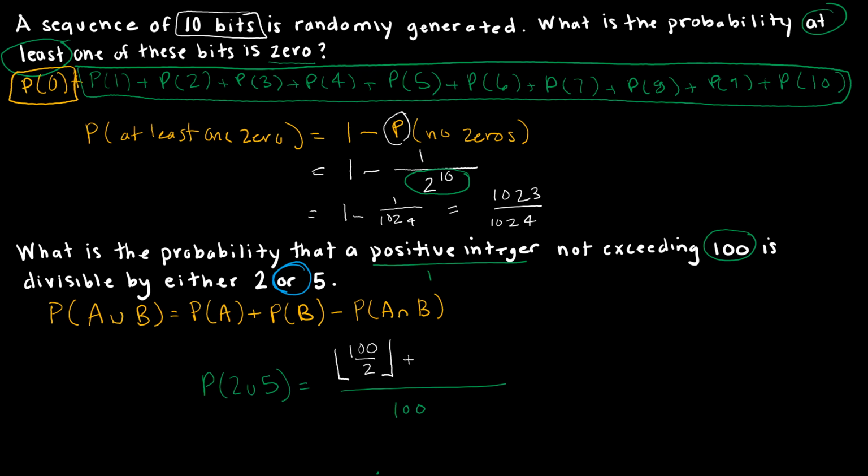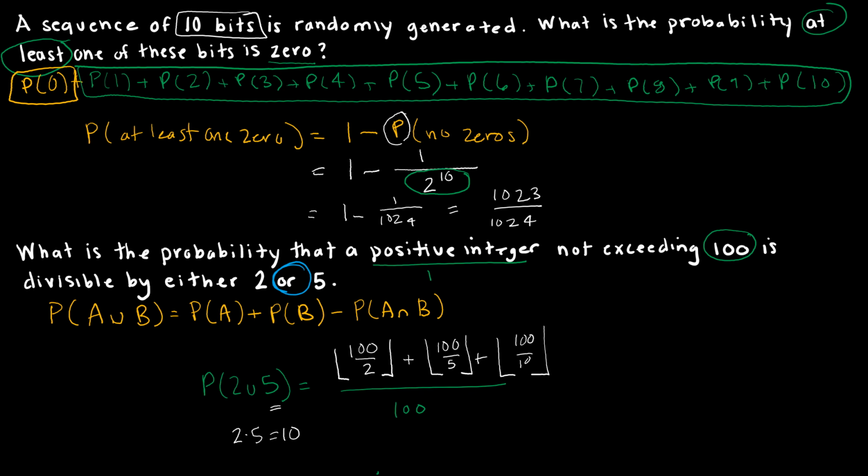And then the number of values divisible by 5 is the floor function of 100 divided by 5. And the ones that I counted twice, the ones that are divisible by both 2 and 5, I just take 2 times 5 to get 10, and that is the floor function of 100 divided by 10.